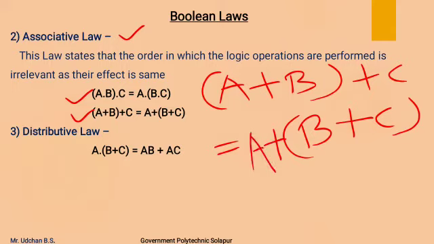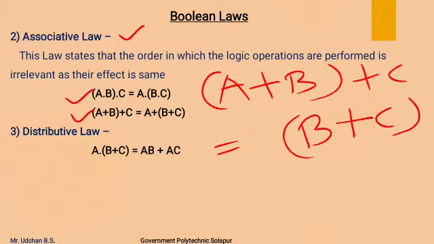As we know, the first bracket gets solved. Here a plus b will give you the first value, and here b plus c will give you the first value. This is how the associative law works.